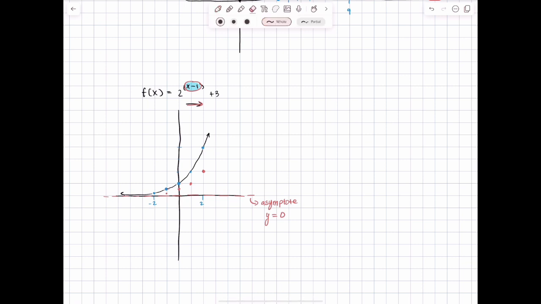Now our new graph looks like this. And the asymptote stays where it is.